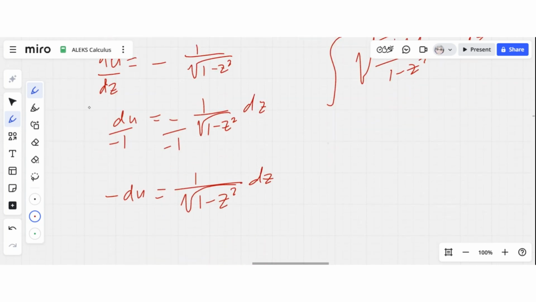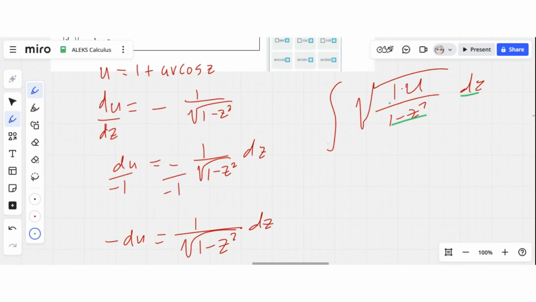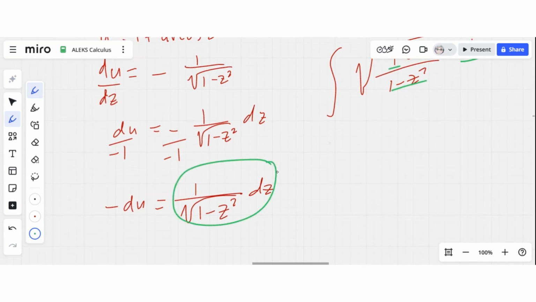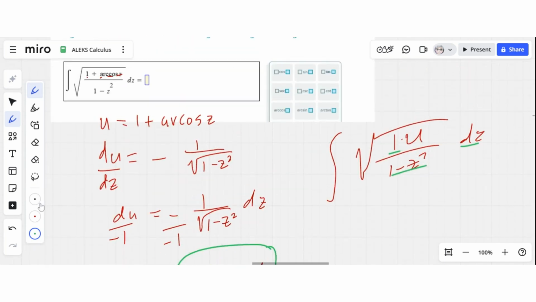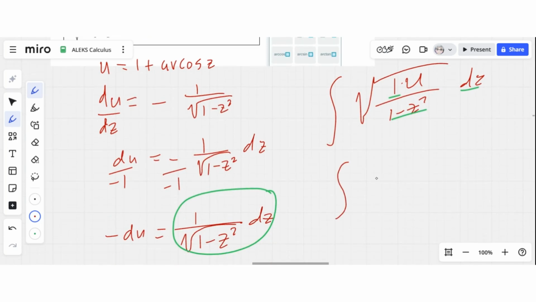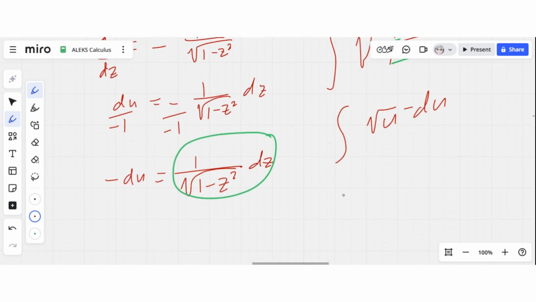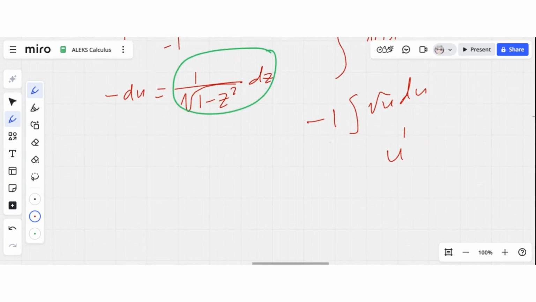All of those things are du, so I'm going to substitute that with du. So this is going to be the square root of u du. Oh, wait a second, it was a negative du, so I'm going to factor out the negative 1 and bring it out front: negative 1 times the square root of u du. I'm actually going to think about that as u to the 1/2 du, with our negative sign out here.